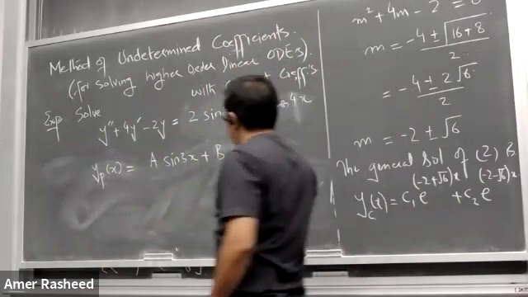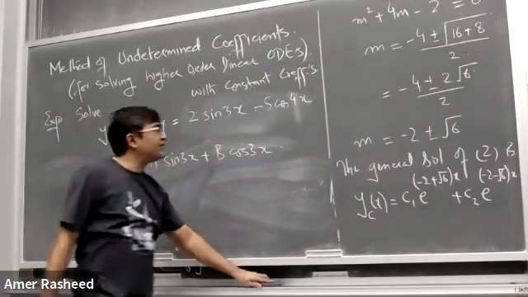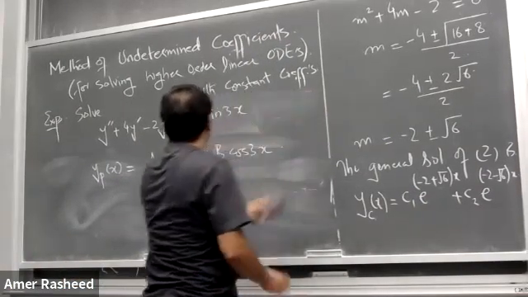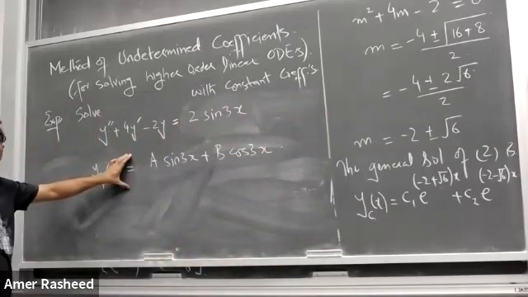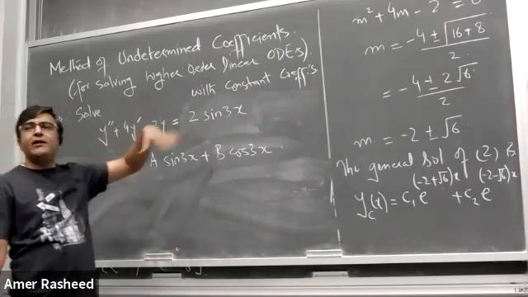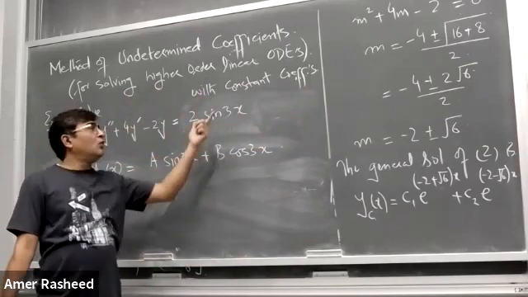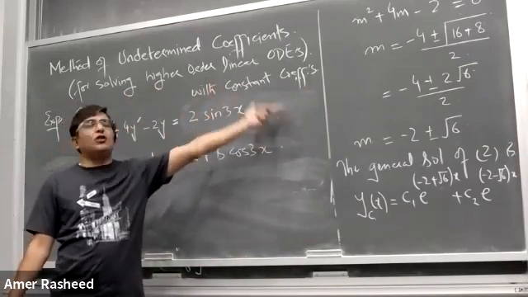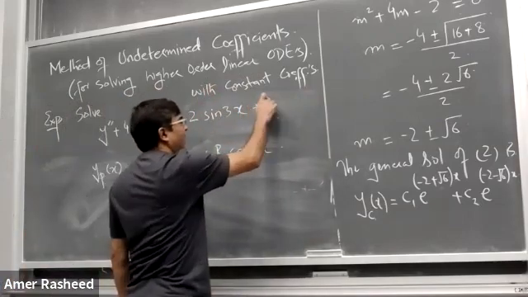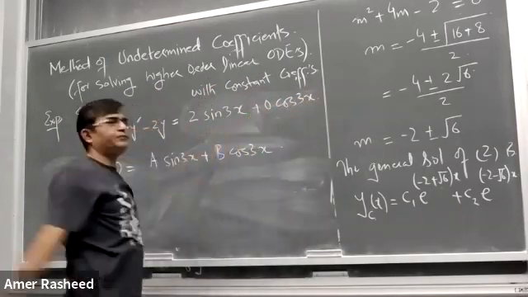In order to find the solution of this differential equation, we insert the assumed particular solution into it and compare coefficients on both sides. Now there is no polynomial here, so we compare the coefficients of sine 3x and cos 3x on both sides. As there is no cos here, the coefficient of cos 3x is 0.